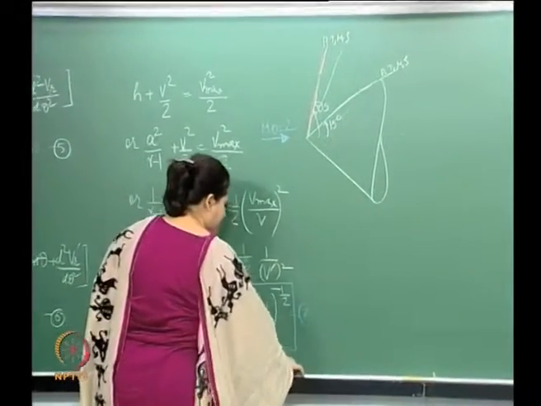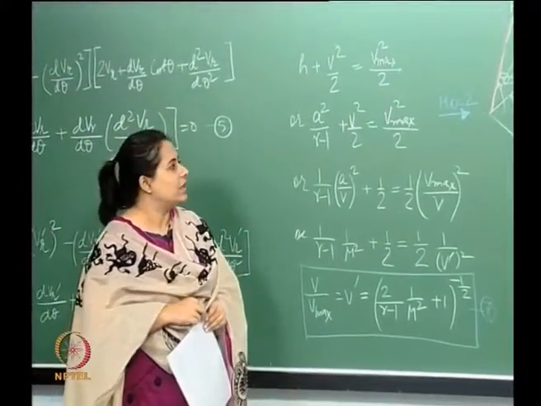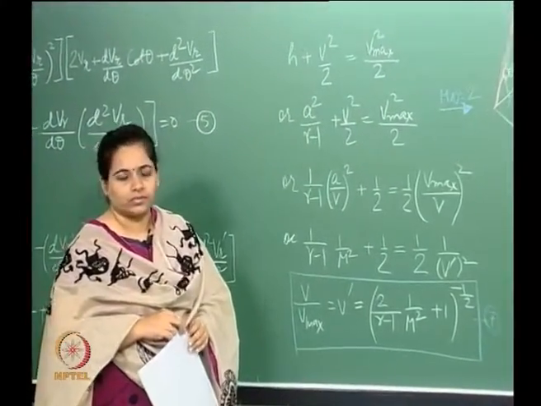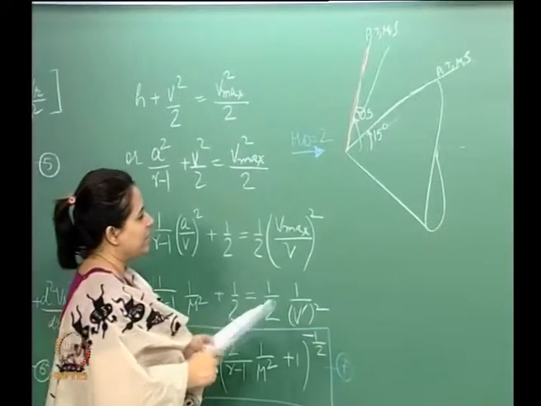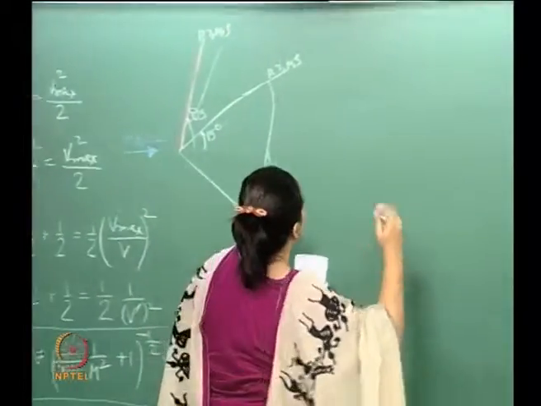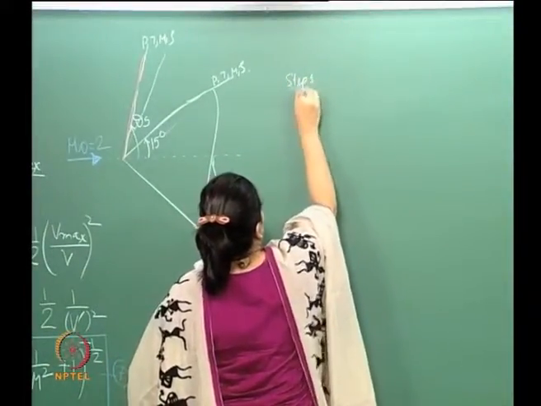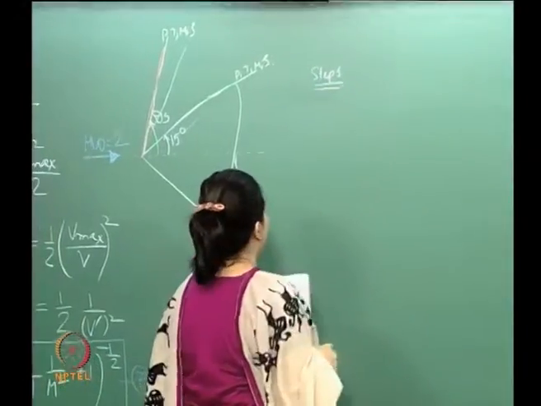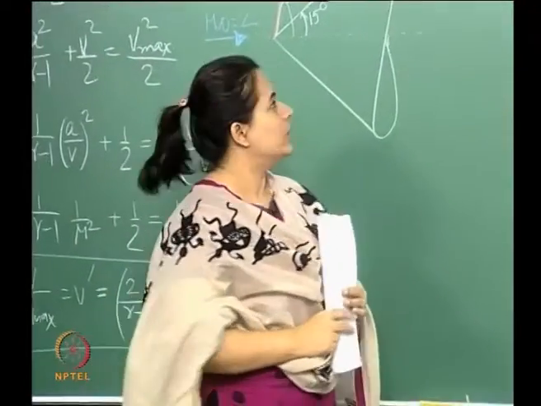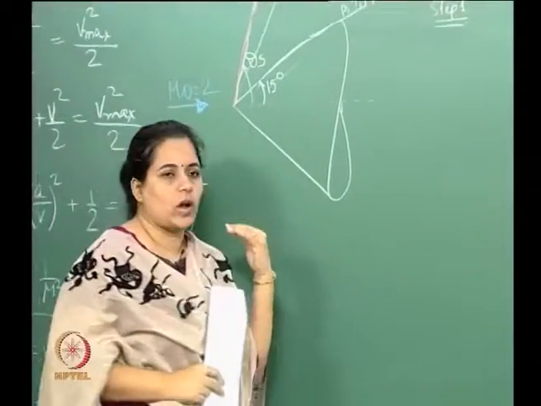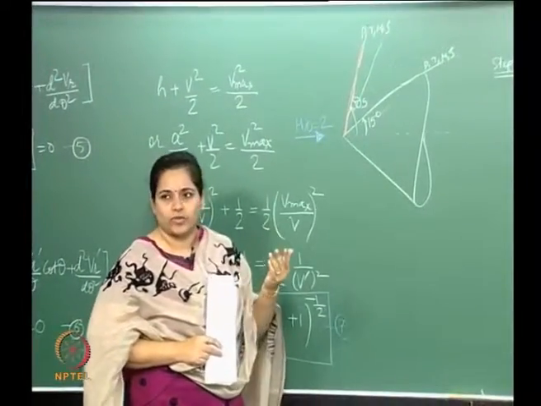What I am going to do is list step by step how we are going to go about this. So, let's begin. We have a Mach 2 flow, and the way we are going to solve this problem is in an inverse fashion.